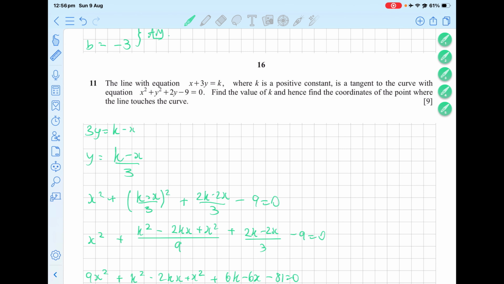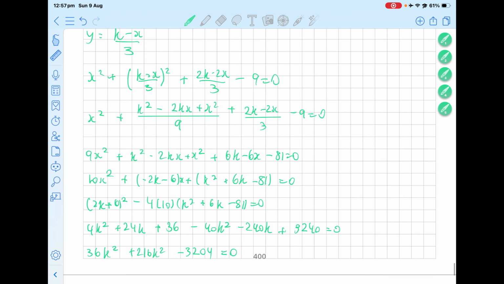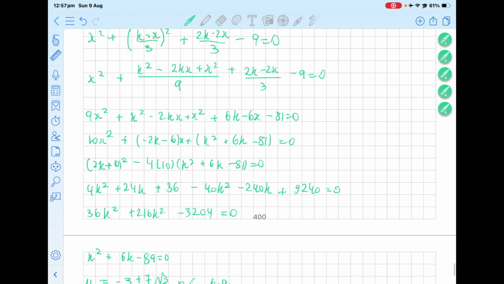So where exactly is the line even touching the curve in the first place? Since we now know the value of k, we could try and solve the quadratic equation. So let me call this a. So we have 10, then minus 2k minus 6, and then we have k squared plus 6k minus 81.